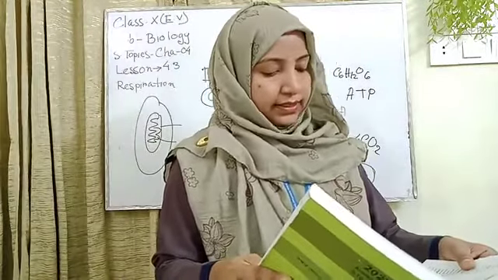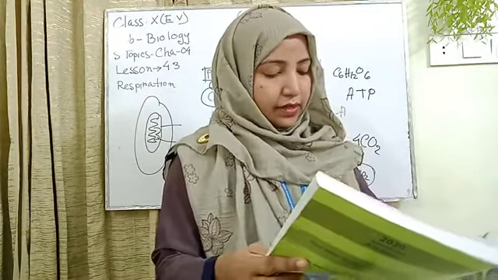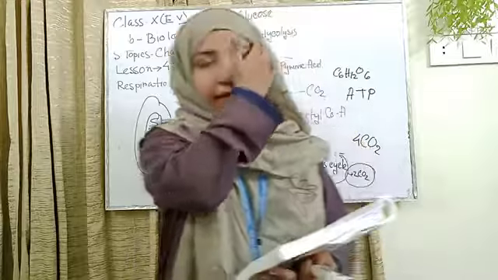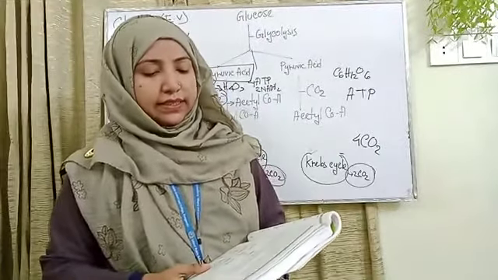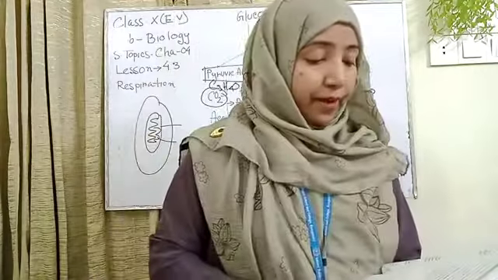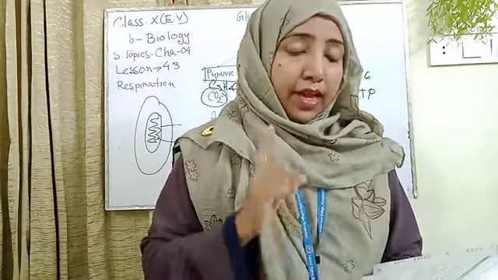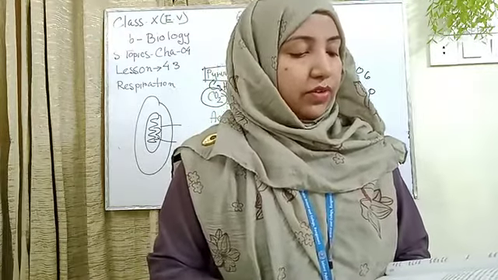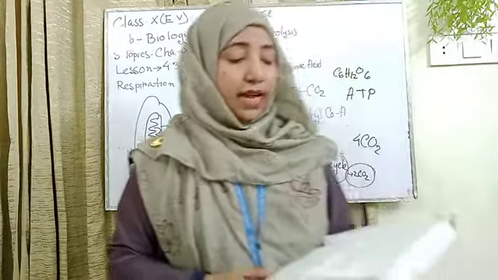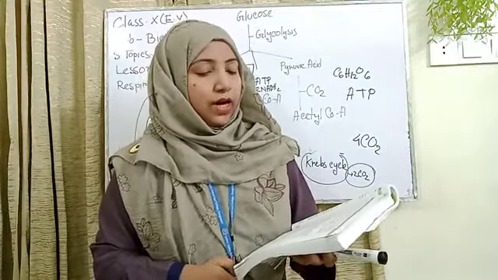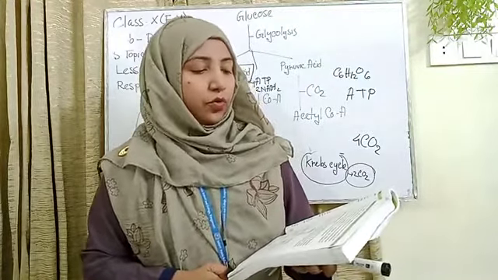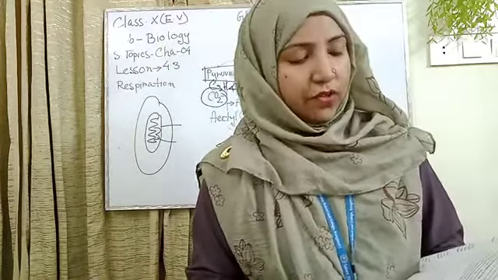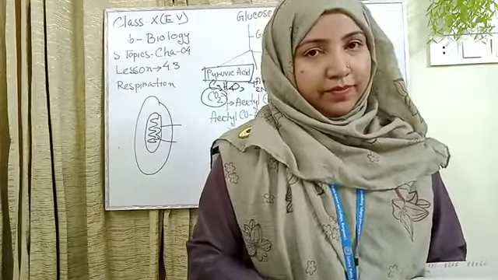In this cycle acetyl-CoA enters the mitochondria, and all the reactions of the cycle occur in the mitochondria. From every one molecule of acetyl-CoA, 2 molecules of carbon dioxide, 3 molecules of NADH plus H plus, 1 molecule of FADH2 and 1 molecule of GTP, guanosine triphosphate, are produced.